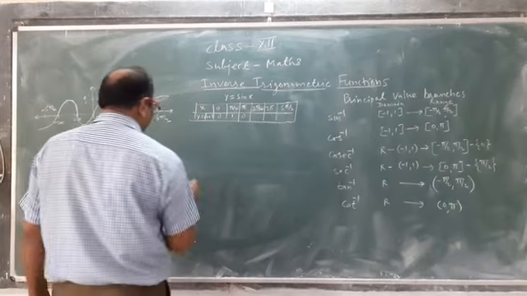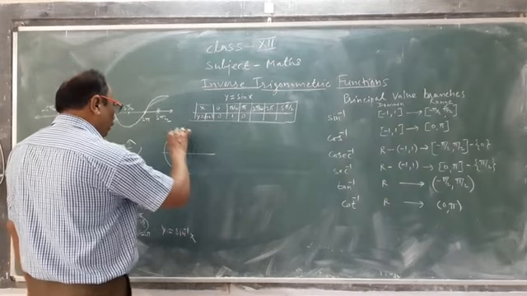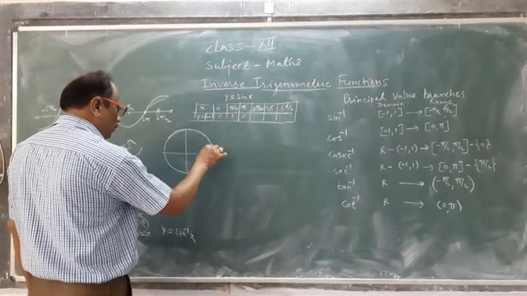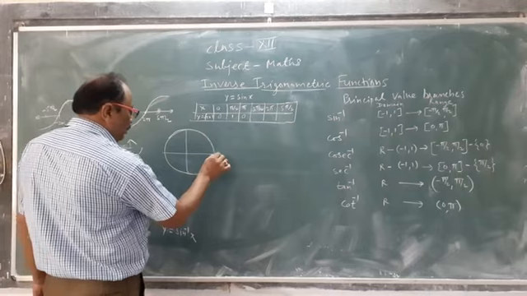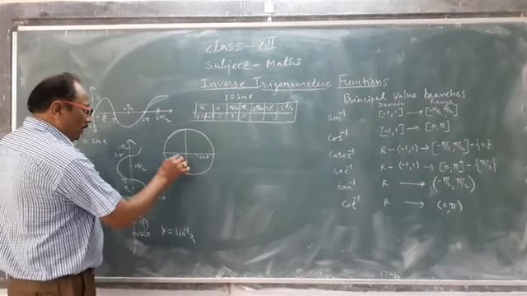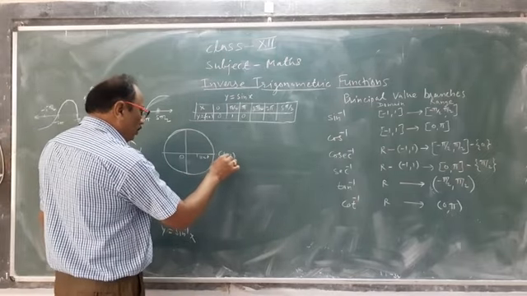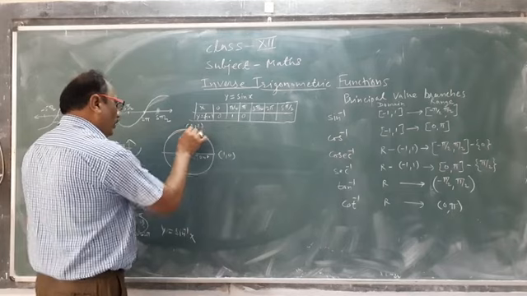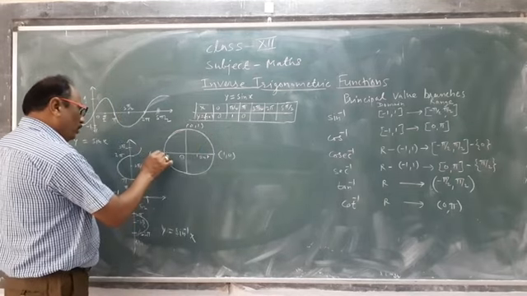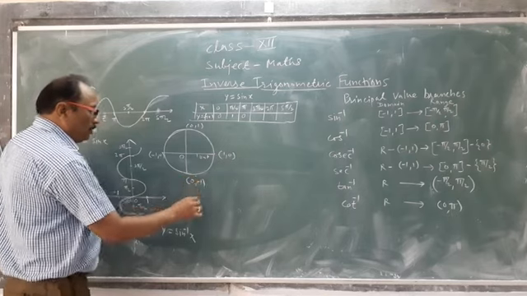These values come from the unit circle. If you take one unit circle like this, with one unit radius and the origin here, the coordinates are 1, 0, then 0, 1, then minus 1, 0, and 0, minus 1.